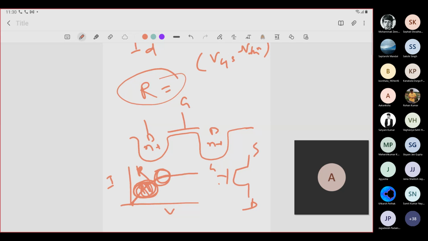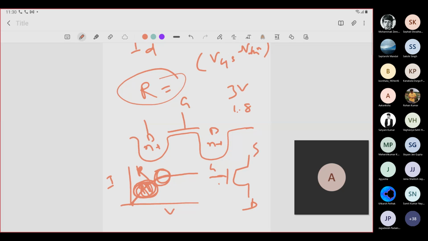It is not sensitive, but the problem is that you need a particular gate voltage. So you need a separate voltage source connected to your gate, because the circuit operates at a particular voltage level, say 3 volt or maybe 1.8 volt.